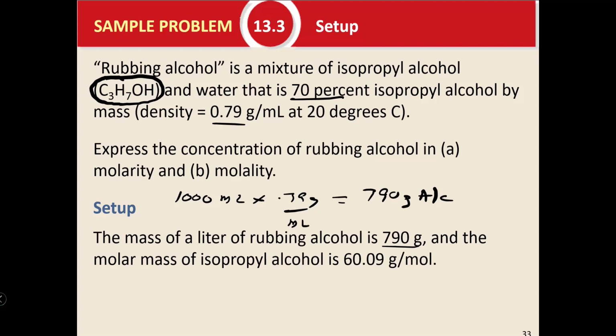The molar mass of the alcohol is 60.09. That's to four significant figures. Actually, it only has two, so maybe you didn't need to go that far, but they did. Now that you had to do on your own, they don't give you that. That's just the setup. This is all the information you're extracting from the problem.